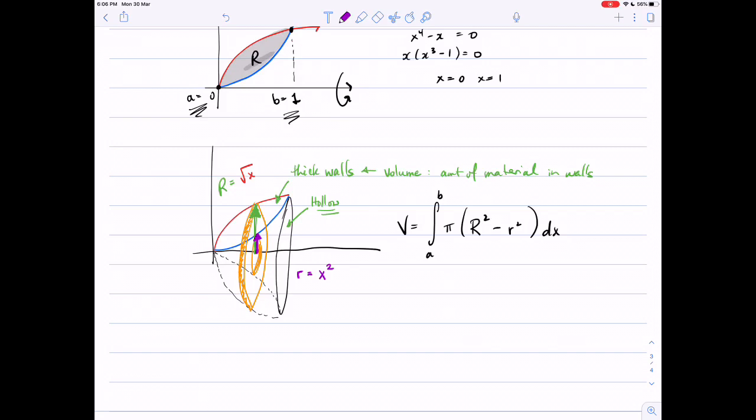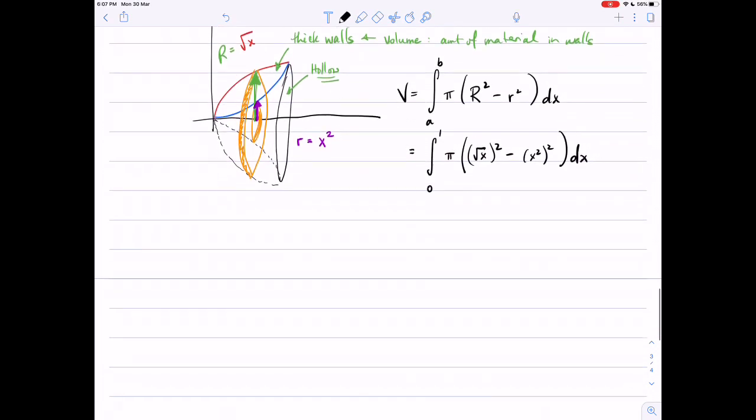and the curve in blue is x squared. So if we go and plug all of this into the volume, we're getting the integral from 0 to 1 of pi times big radius, the square root of x, squared, minus little radius, x squared, squared, dx, and that's the hard part.